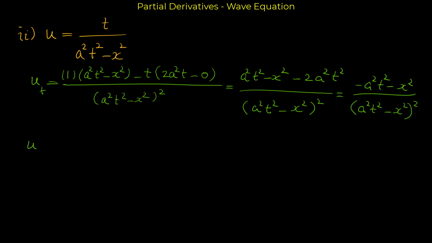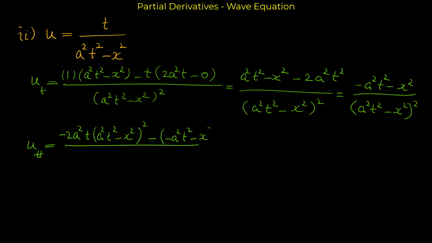So we have to find the second partial derivative. For finding the derivative of this fraction with respect to t, again we have to use the quotient rule. What is the derivative of the numerator? Derivative of the numerator would be negative 2a²t times the bottom (a²t² minus x²) to the 2, minus the top, negative a²t² minus x², times the derivative of the denominator.